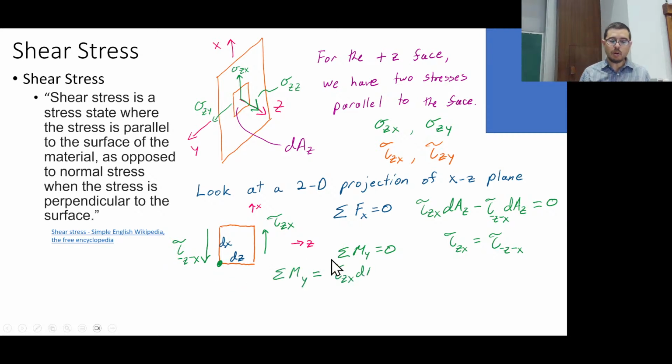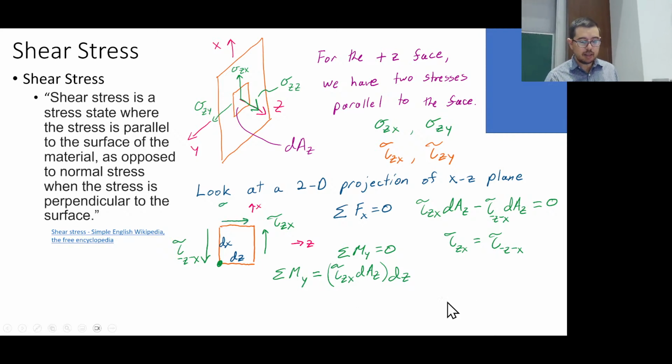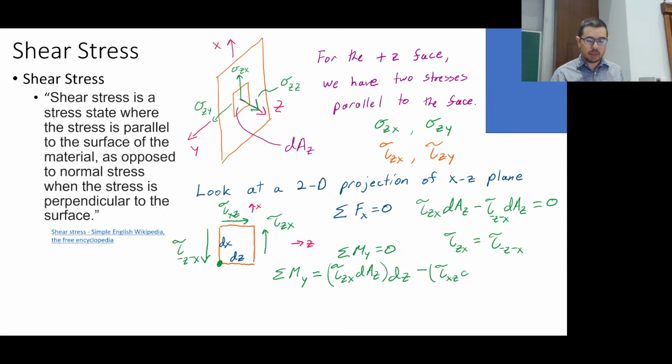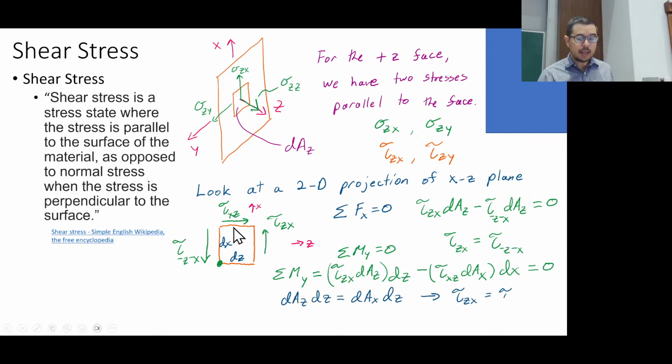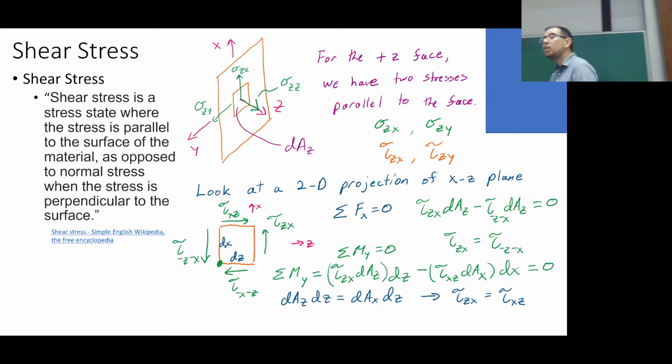And when we do these moments, we can calculate out the equilibrium here. We need the xz term. You see this is on the x face and the z direction, and we need the minus x minus z term also to keep this thing from accelerating in its angular velocity.